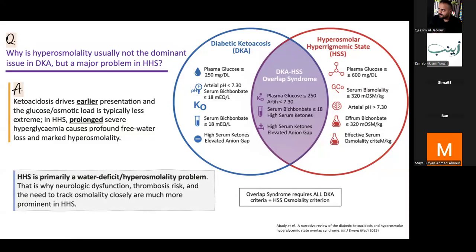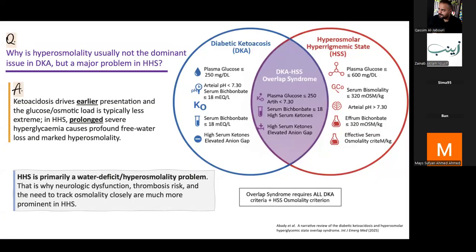While, as we said earlier, HHS takes a long time to develop compared to DKA. So by the time they present, they are extremely dry. They have high osmolality numbers compared to DKA. And that's why hyperosmolality or dehydration is the main problem in HHS, alongside the fact that they have background insulin that is shutting down the ketone body production.